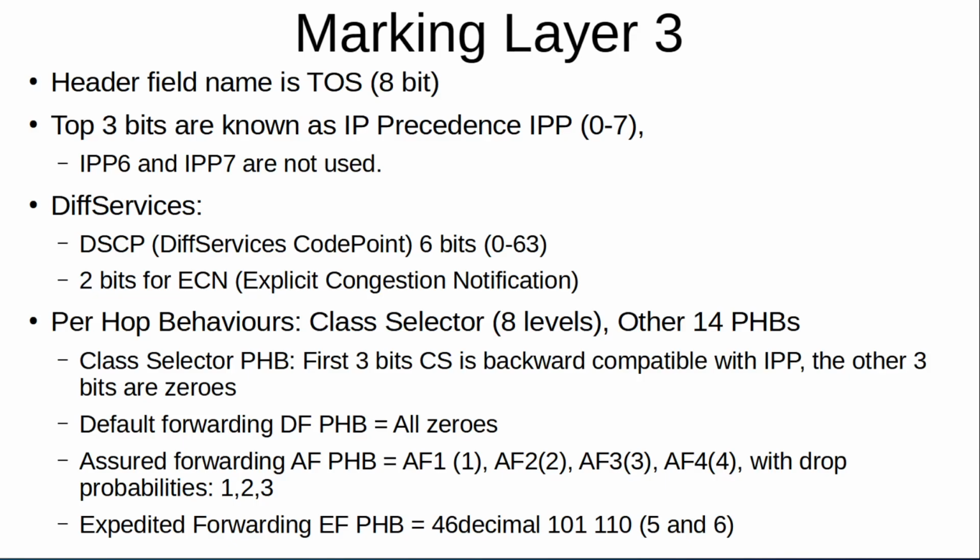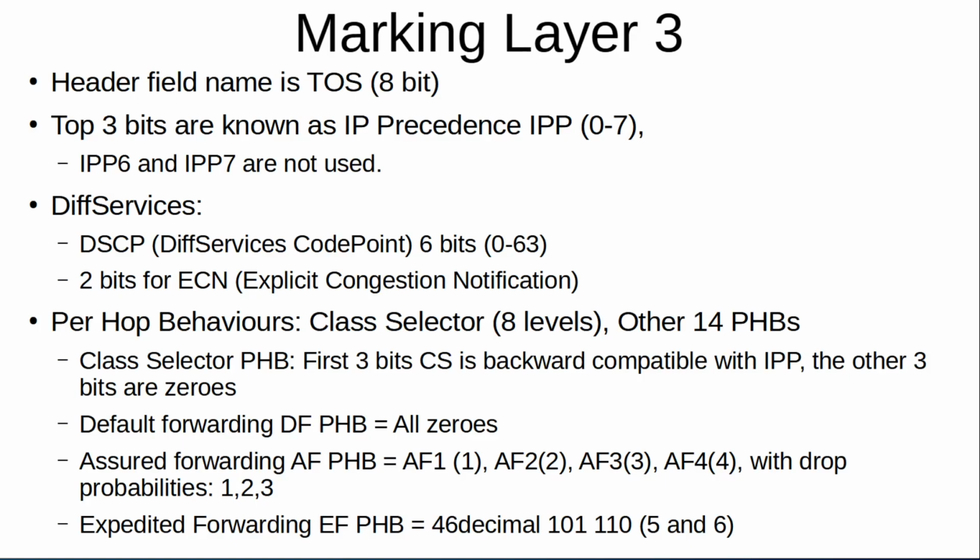The more recent standard, the differentiated services standard, establishes that the differentiated services code point will exist within the ToS field, and it uses 6 bits, so that gives you 64 possible variations for your markings. The 2 remaining bits are known as explicit congestion notification.